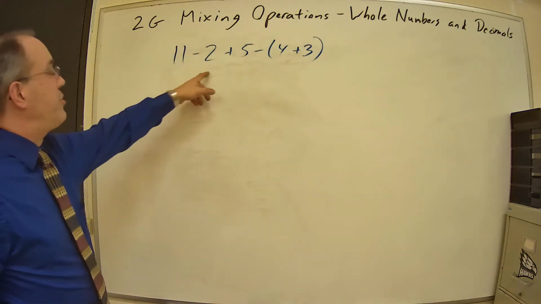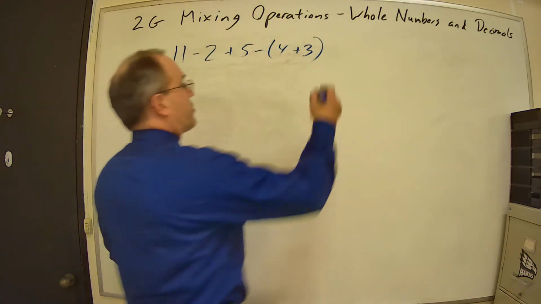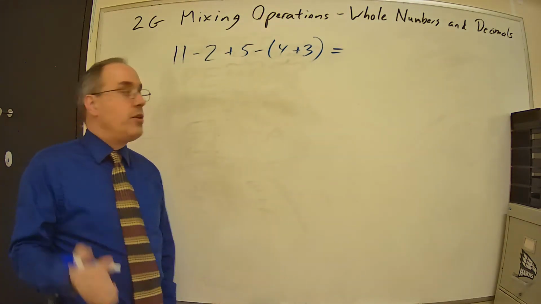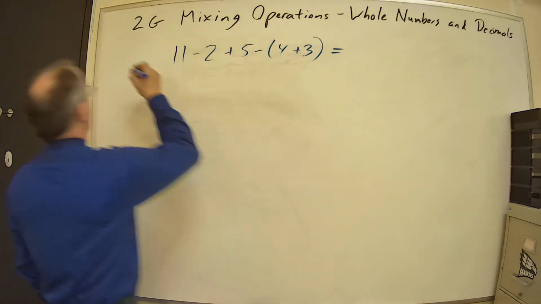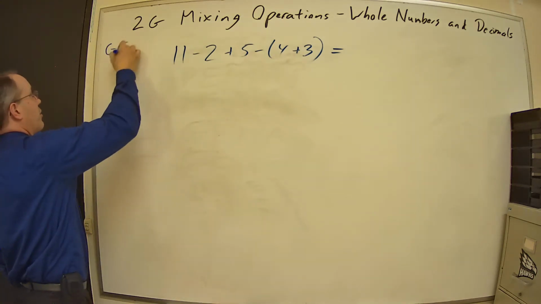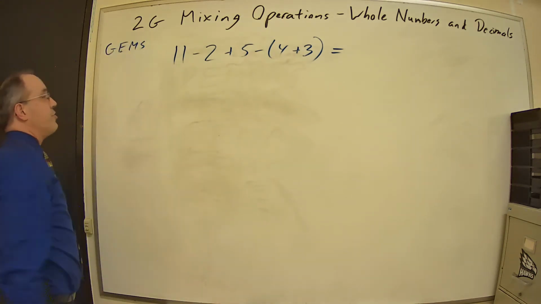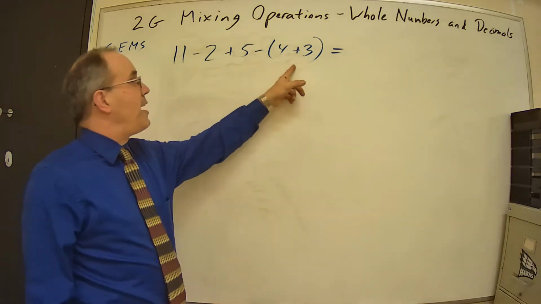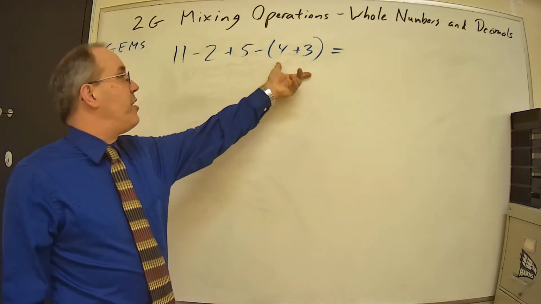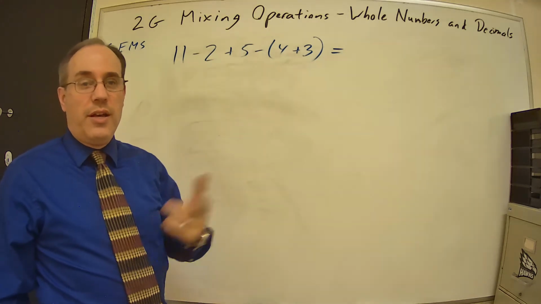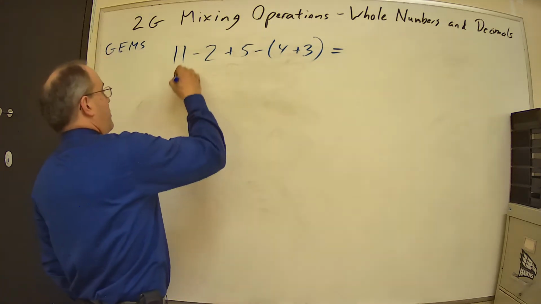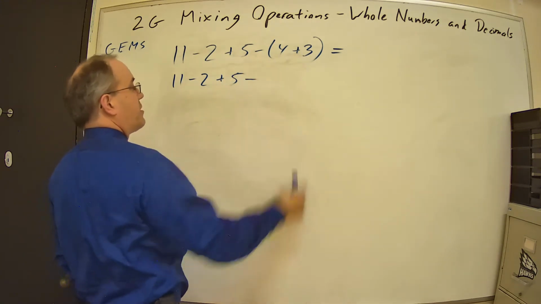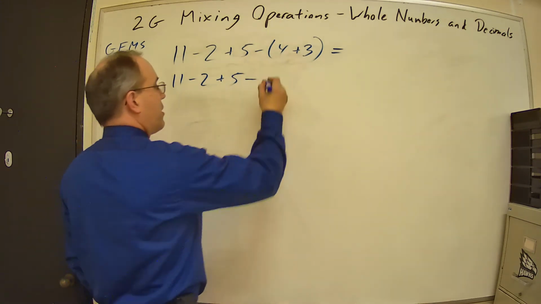Going through, we'll deal with gems. I'm just going to put it over here as our little reminder. Gems says first we want to do groupings. The grouping I see here is parentheses combining the 4 and the 3. So I still have 11 minus 2 plus 5 minus 7, since 4 plus 3 is 7.